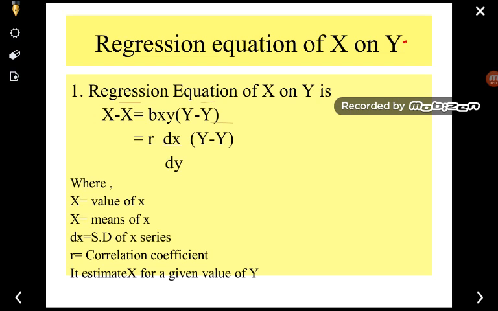Coming to the regression equation. Normally this equation is of two types.